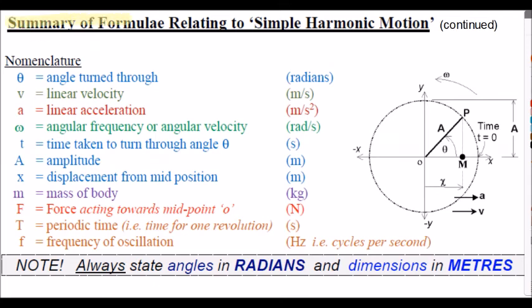Summary of formulae relating to SHM continued. Here's a summary of the nomenclature used with the appropriate unit for each quantity. Note as always, angles are used in radians, and in dynamics all dimensions must be in meters.